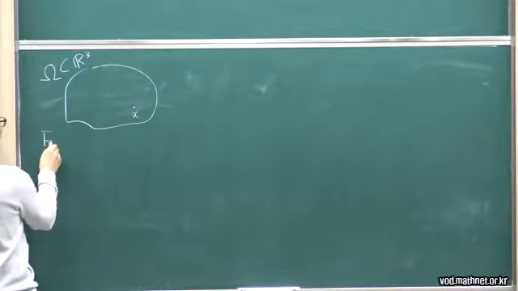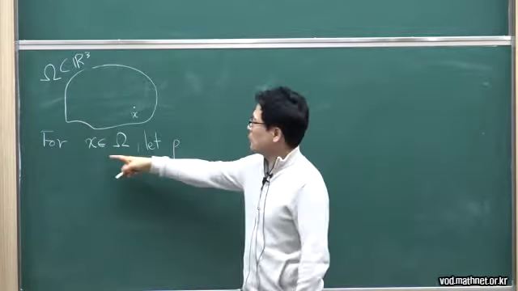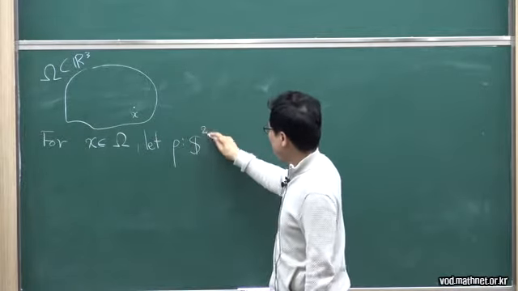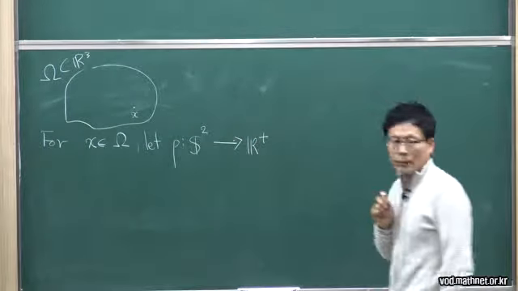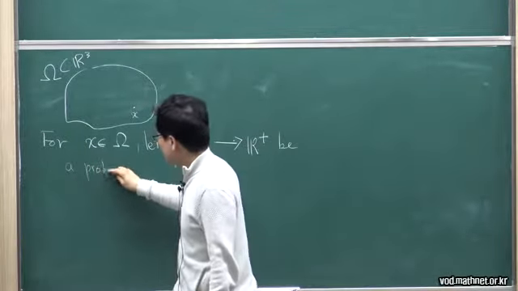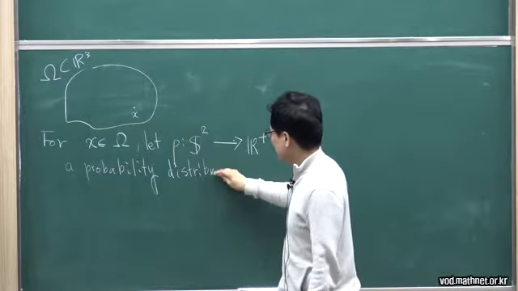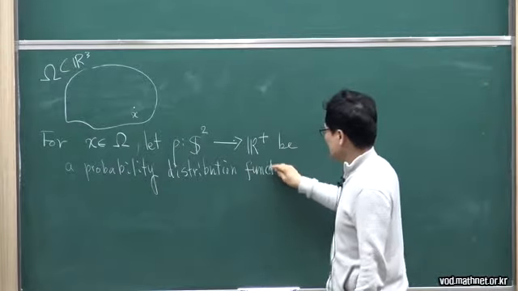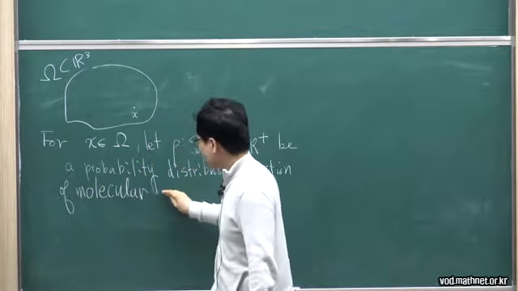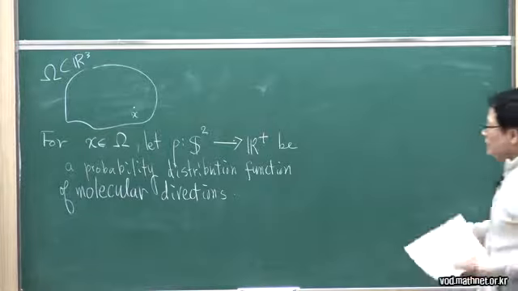So given a point x in omega, let rho be a map from S2 to R, positive, a probability distribution function of molecular directions at the given point.